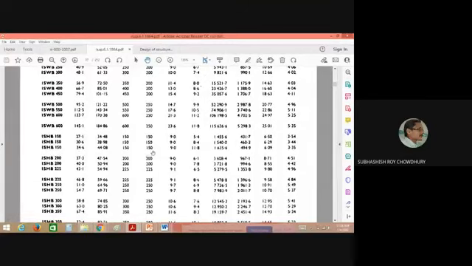ISHB 150 has the width of the flange equal to the depth of the section. Obviously, it will be a heavy section, and also the thickness of the flange and thickness of the web is more, so that's why it's the heavy section.